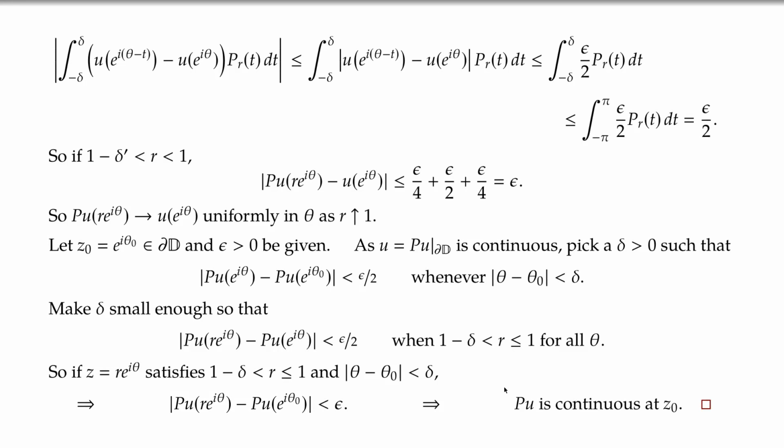Which is what we wanted. pu is equal to u on the boundary, and we're saying that pu is continuous. The second bit, the continuity, is the tricky business, because there are things blowing up, so you can't just start taking limits. You have to show something. We're really showing that we can take this limit as z goes to z naught.